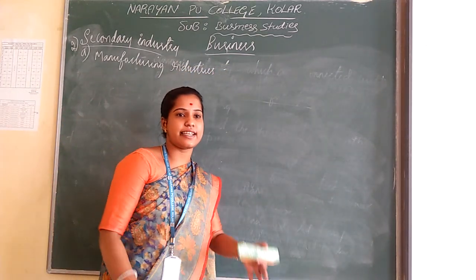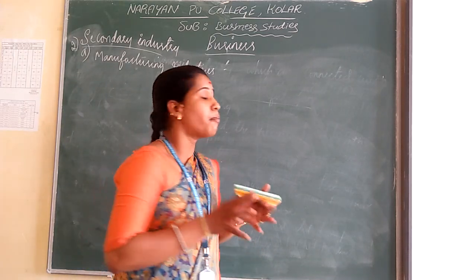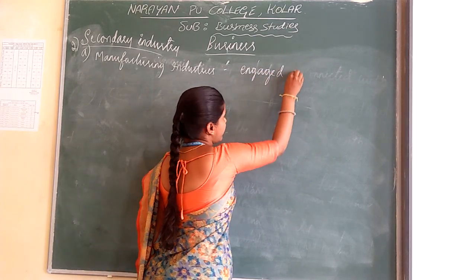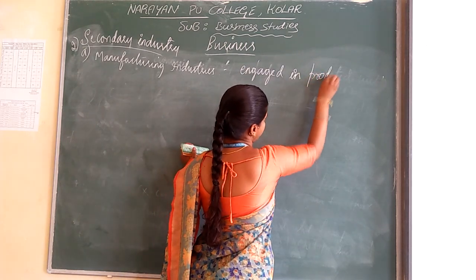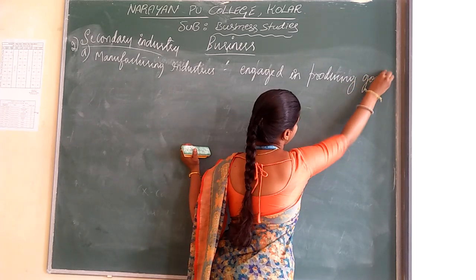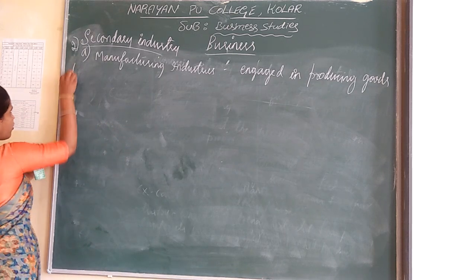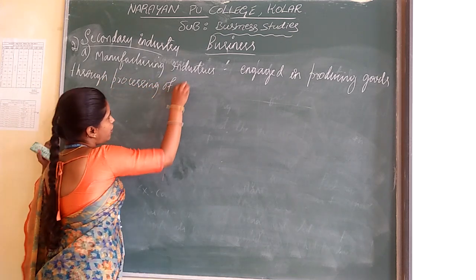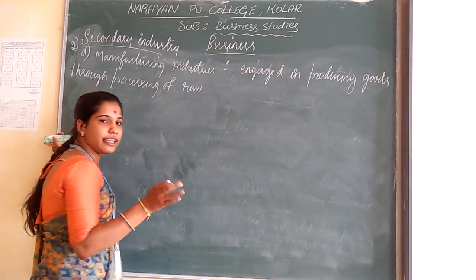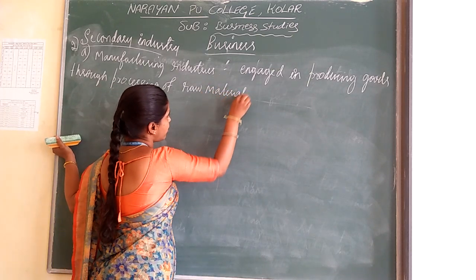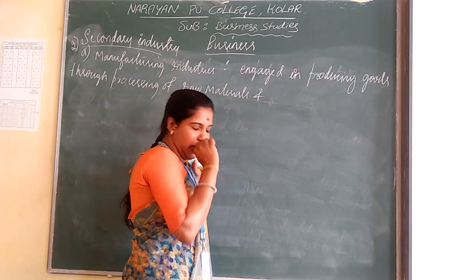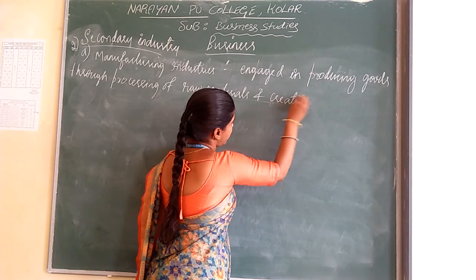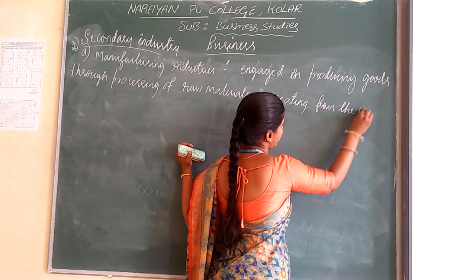Manufacturing industries are those industries that are engaged in producing goods through processing of raw materials, thus creating utilities.